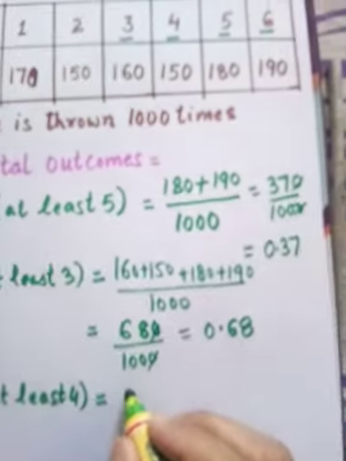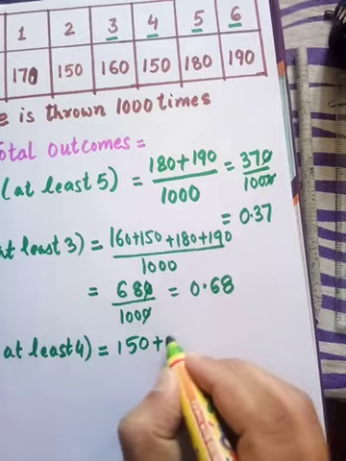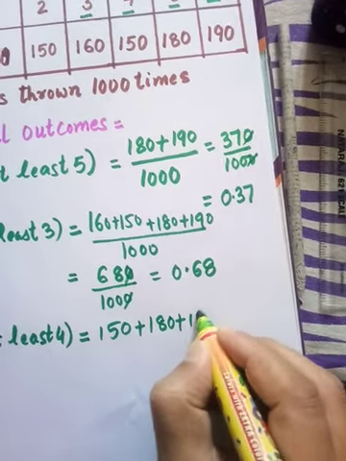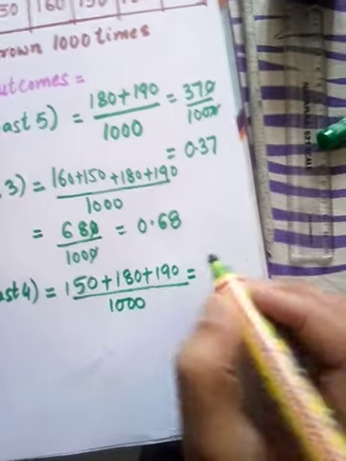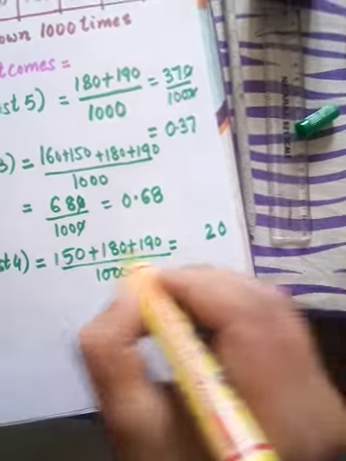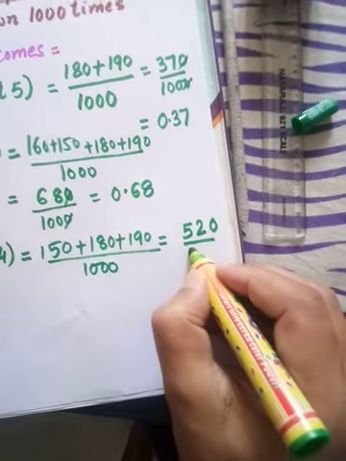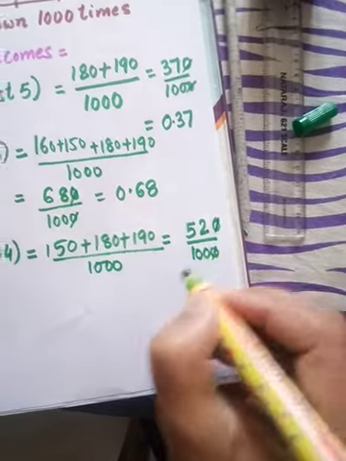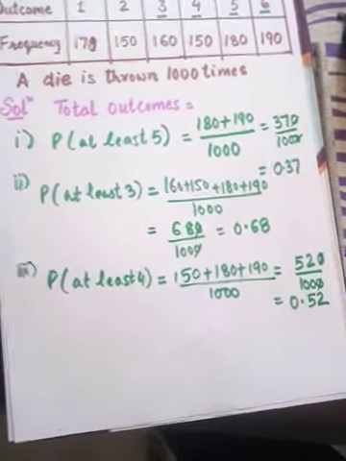So favorable outcomes are 150, then 180 and 190 out of 1000, and that is equal to 0 will come, 9 plus 8 is 17 plus 5 is 22, 2 1 3 4 5, 520 upon 1000, and if you cut that you will get the probability as 0.52. So these are the 3 cases of at least.